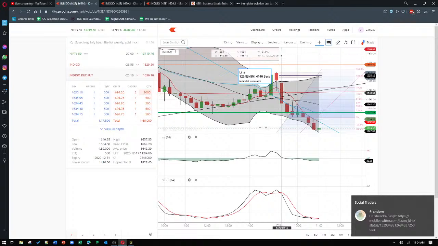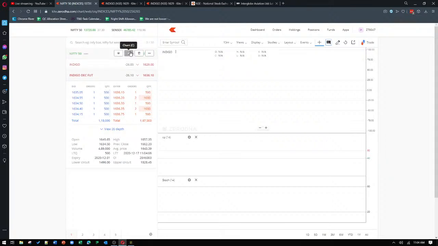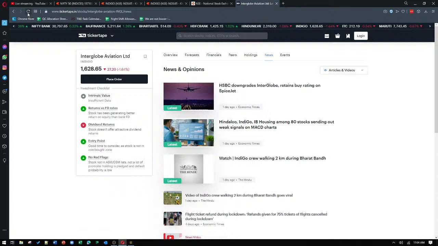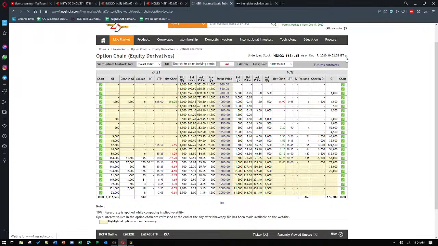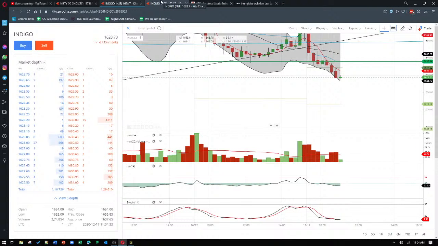Here in this price, that is not the case. Anyway. Nifty, any news? I don't think any news would be there, but let us just quickly see. Okay, same thing. No change.